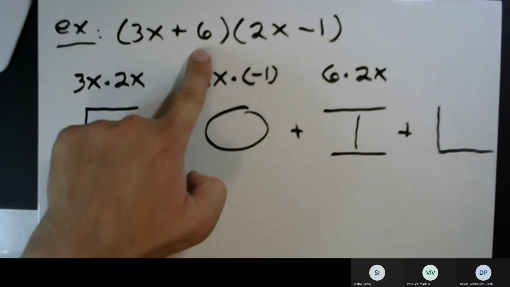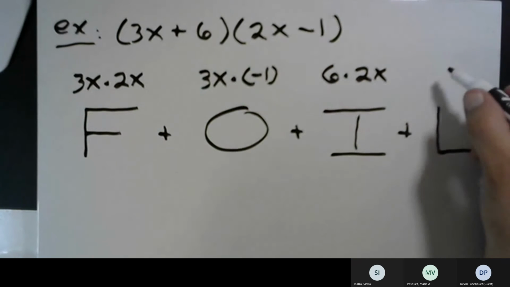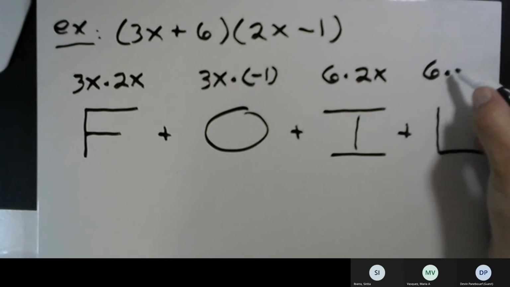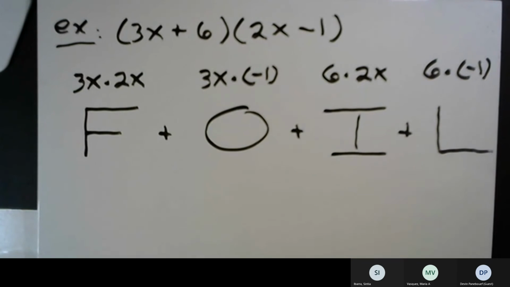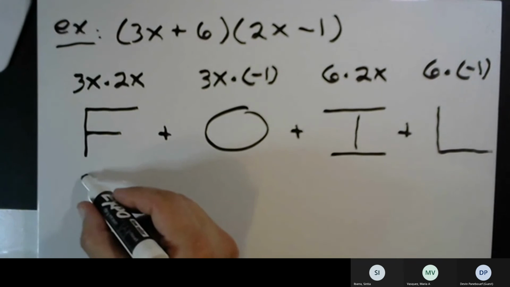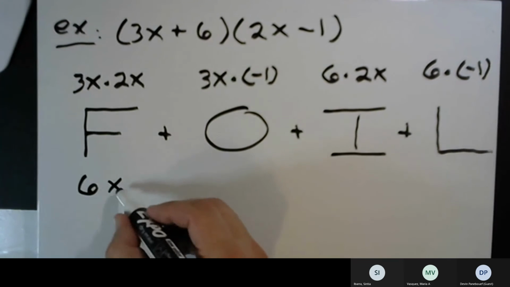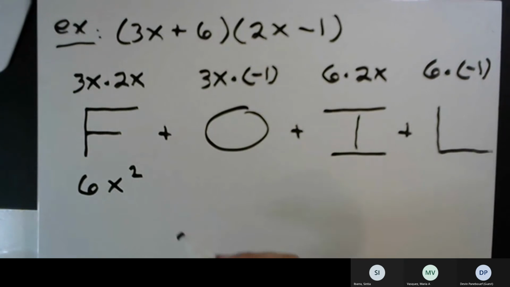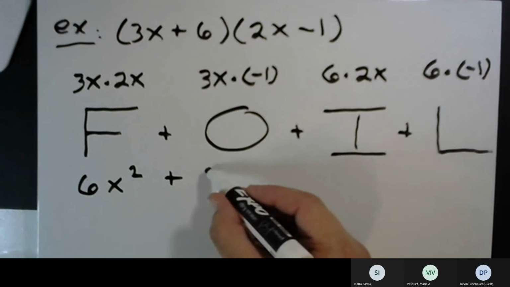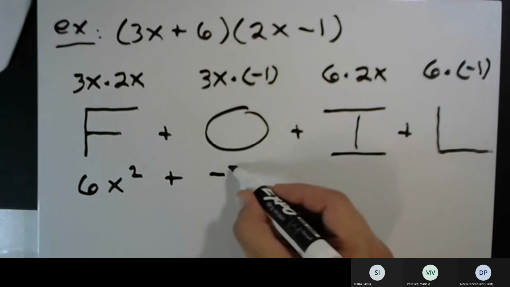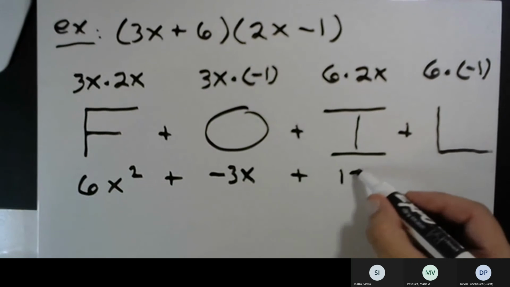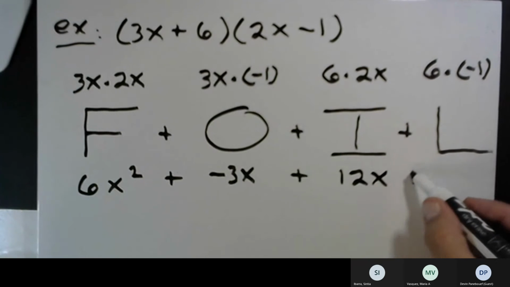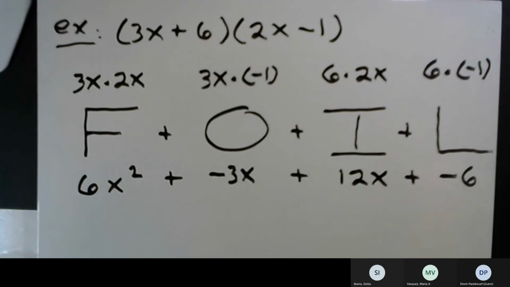And then the last terms of each binomial. So this will be 6x squared plus and minus 3x plus 12x plus -6.